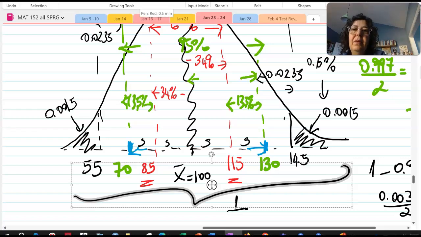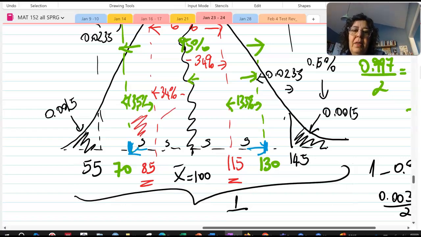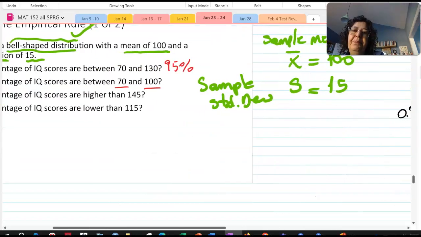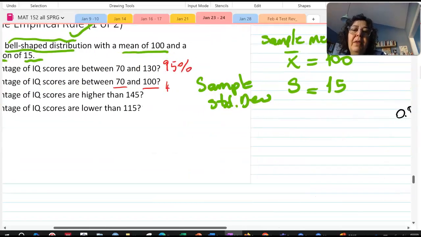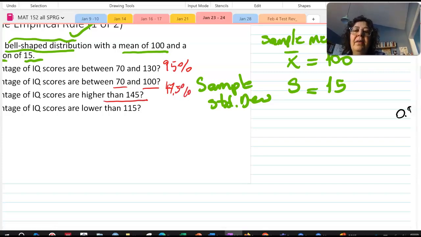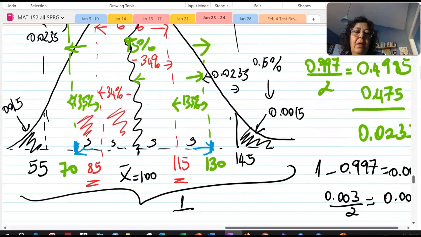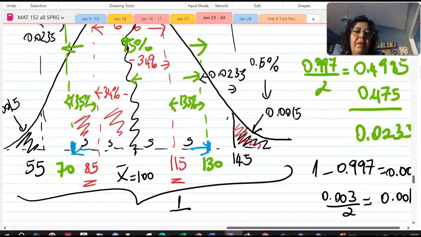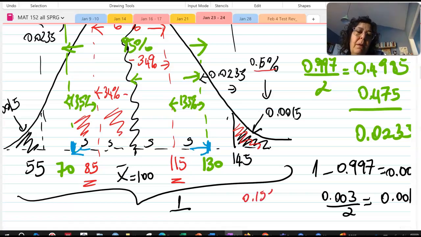It is this area, and this area is 47.5%. What percentage of IQ scores are higher than 145? Higher than 145 is here. That's 0.15%, or if you want to write it as a decimal, 0.0015.